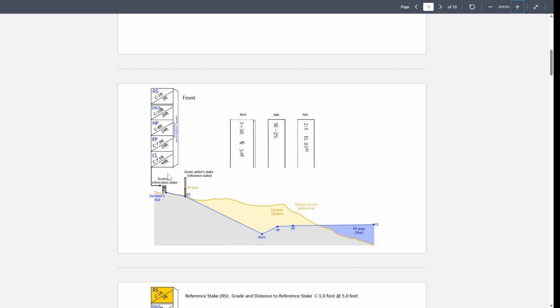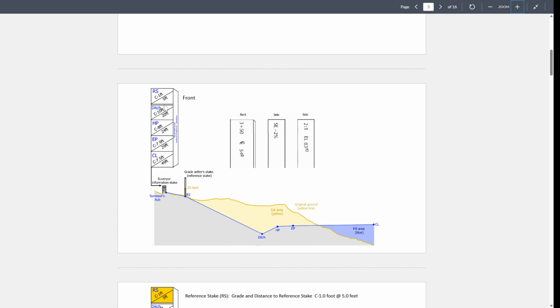Anyway, it's going to be 1 foot lower than your information stake. Now look at this right here. This double line literally means "and then." So it tells you to set your reference stake 1 foot lower than your surveyor stake and 5 feet away from it.